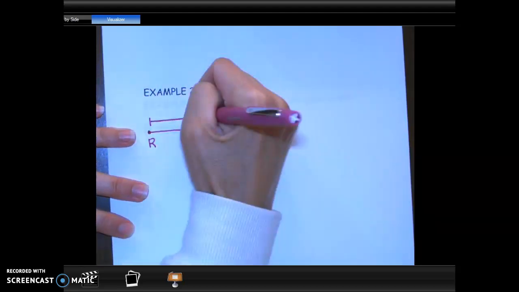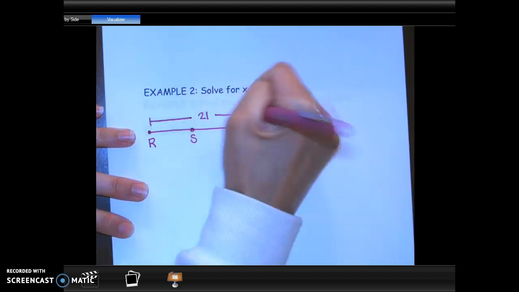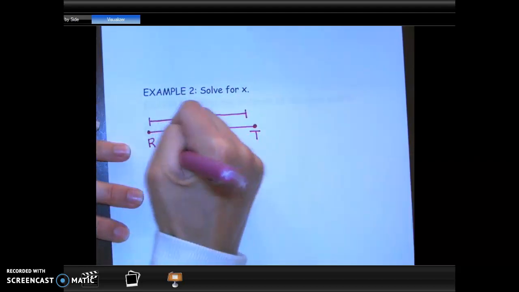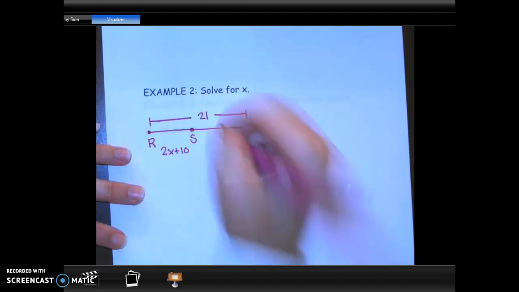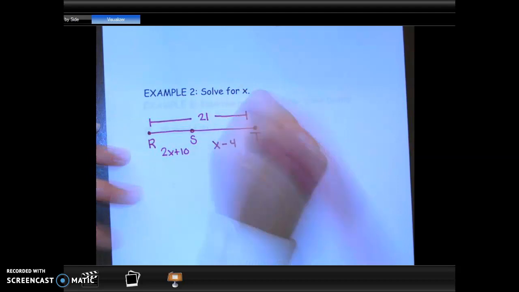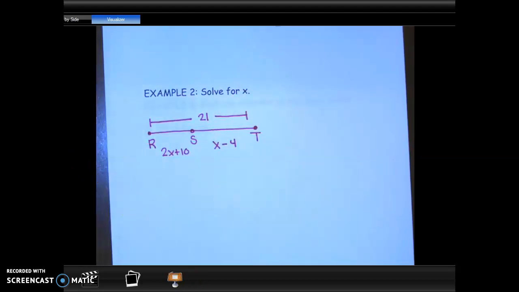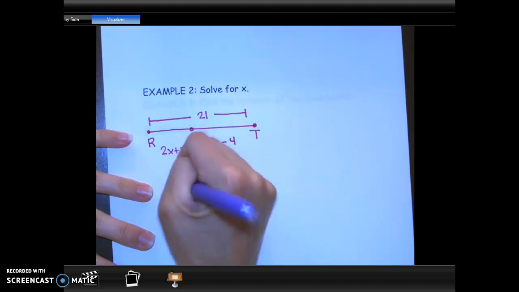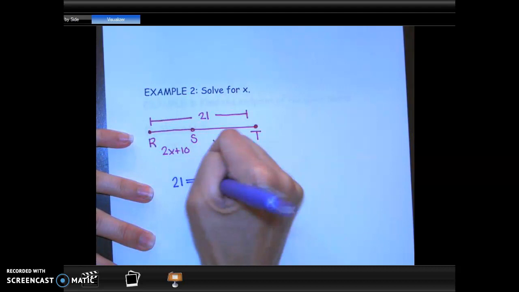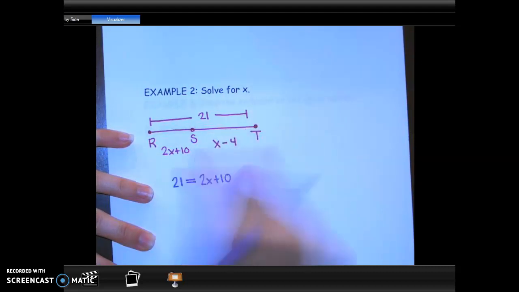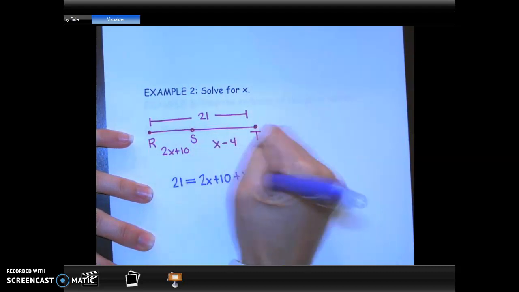We know RT has a length of 21, that RS is 2x plus 10, and that ST is x minus 4. Okay. We're going to have two videos here because I'm about to run out of time. Alright, so we do the whole thing, which is 21 is equal to our first one, 2x plus 10, plus our second one, plus x minus 4.